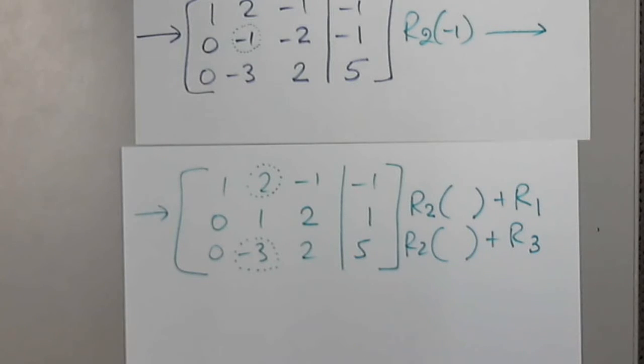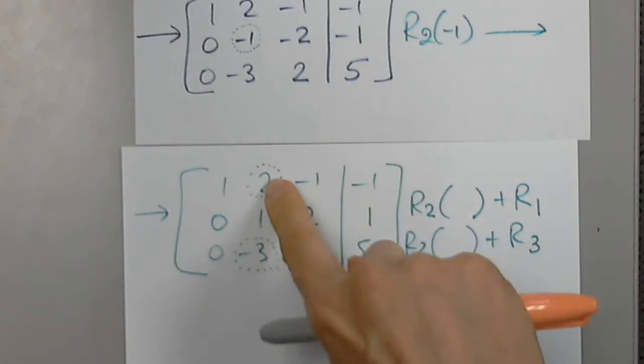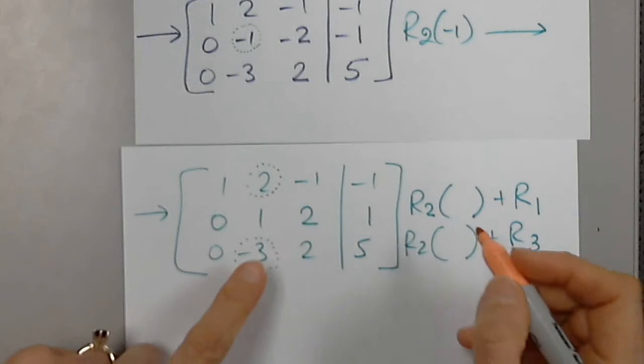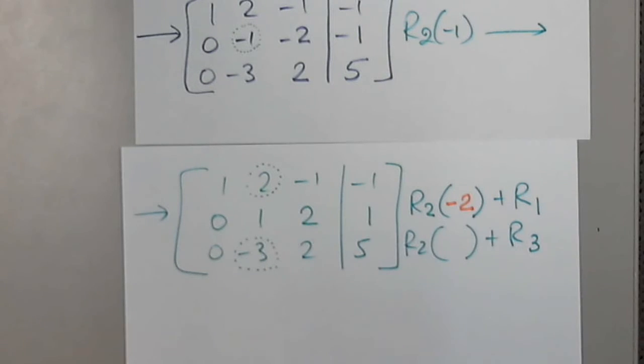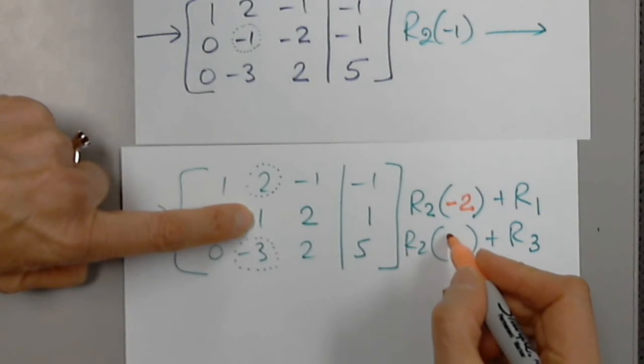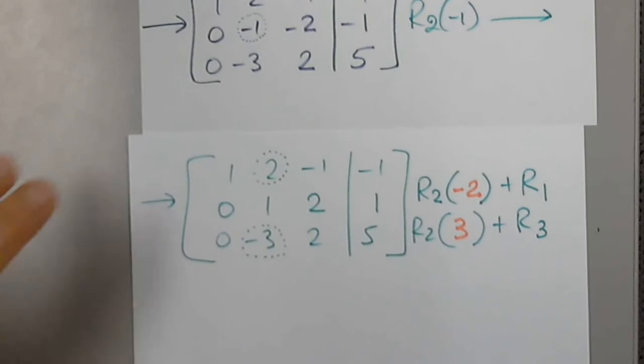So, in order to accomplish the 0 here, what do I need to multiply 1 by? Negative 2, very good. In order to accomplish the 0 here, what do I need to multiply this by? Very good, awesome. So let's do that.